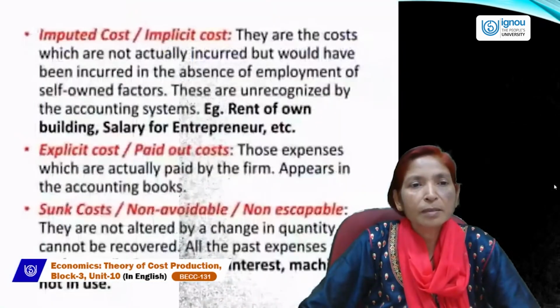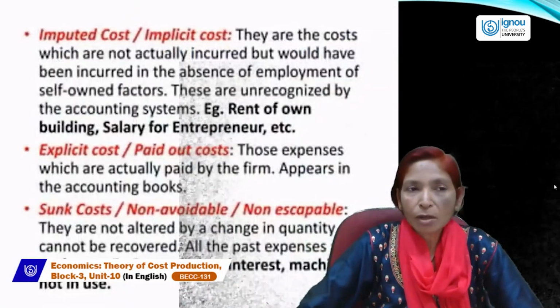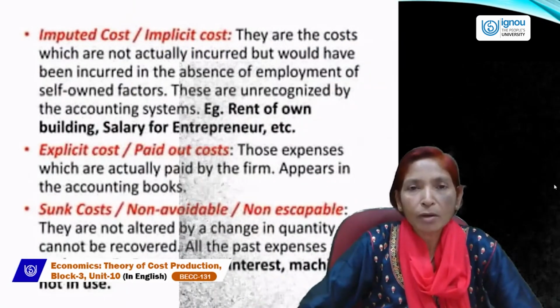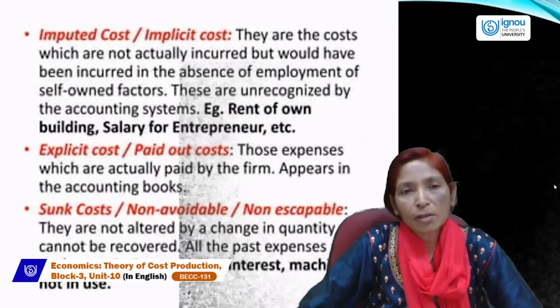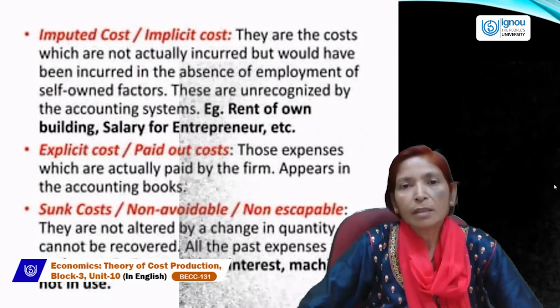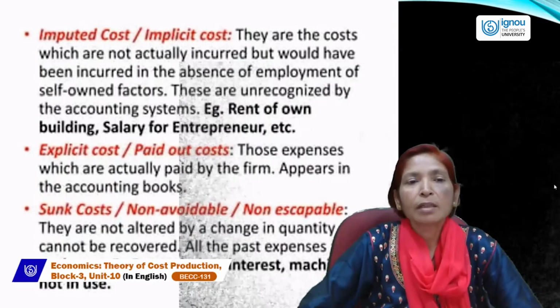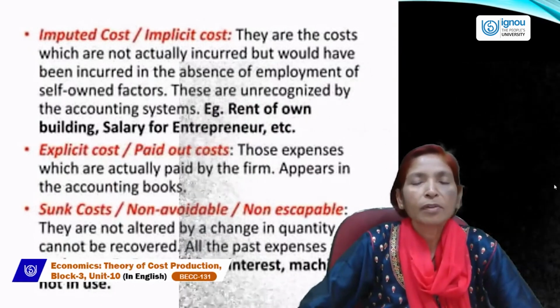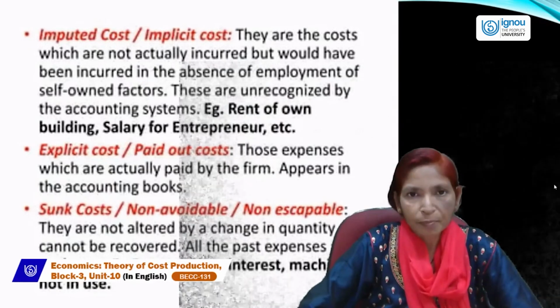Now next is implicit cost. Implicit cost is also known as imputed cost or indirect cost. They are the costs which are not actually incurred but would have been incurred in the absence of employment of self-owned factors.